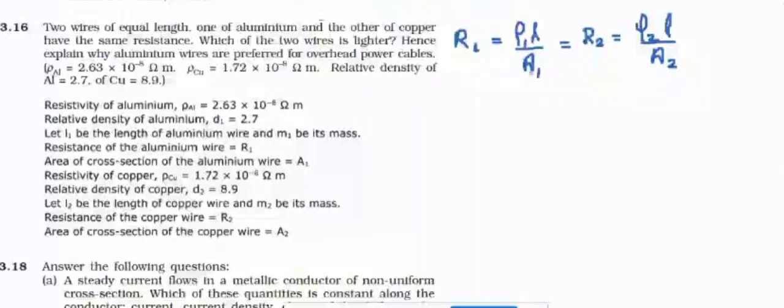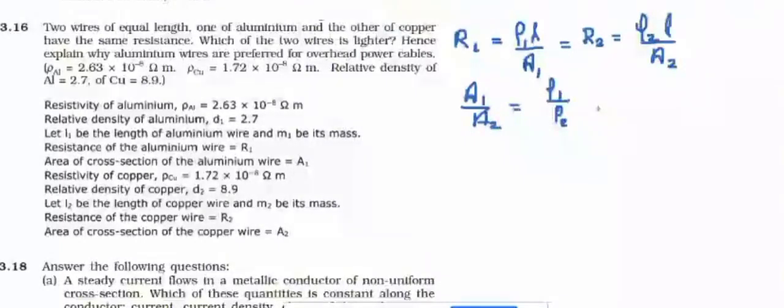Now as R1 and R2 are equal, we will get the ratio A1 by A2. A1 by A2 is equal to ρ1 by ρ2.